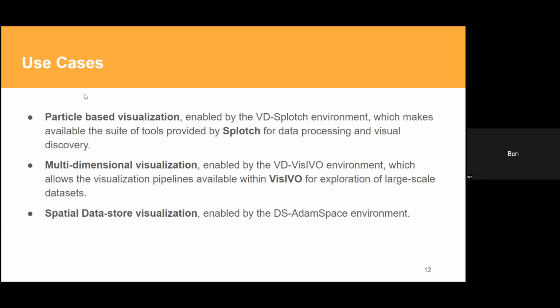And they run within containers on the Visualization Gateway, which then quite simply runs in a container with an online interface, which is very simple to use, where you can run code against Splotch, and you can run Splotch on the Kubernetes cluster. So you can create these lovely particle-based visualizations.